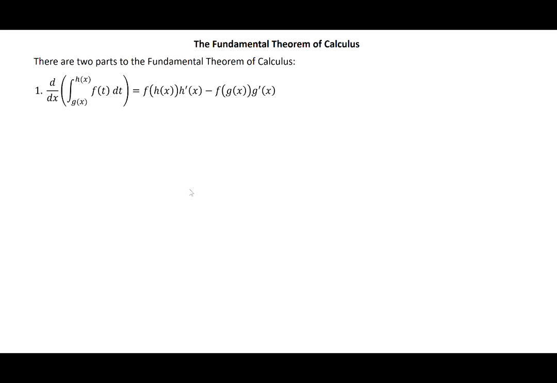This is saying the same thing but in a slightly more general situation. Okay? Alright. So here is the idea. If you need to take the derivative of a certain definite integral, from g of x to h of x of f of t dt, okay, I'll give you quite a few examples, it is nothing but the composite function f of h of x.